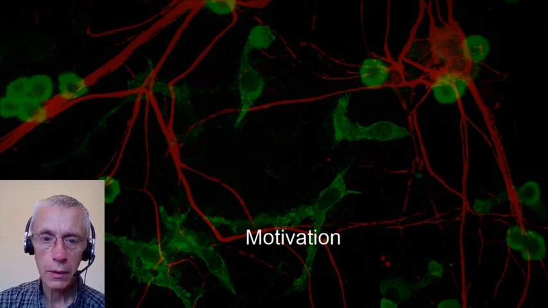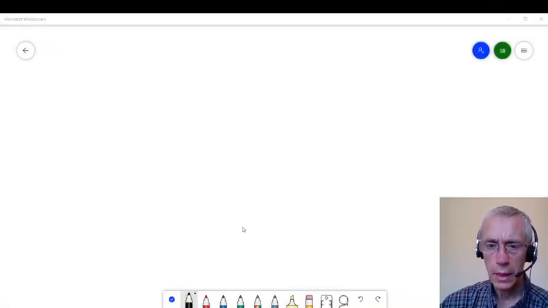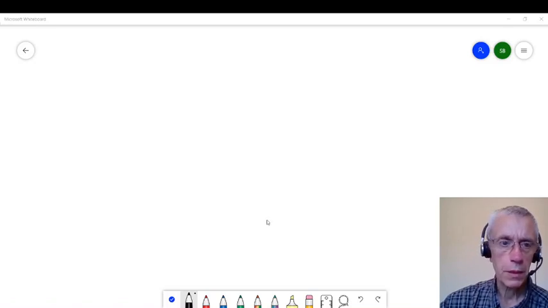So let's have a look at what motivation is, and we can define it as the process that mediates goal-directed responses to changes in the internal or external environment. And there are really two aspects to it. So motivation can be divided up into two parts.